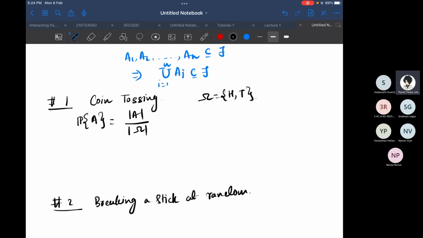For example, if my event A is getting a head, then P of A is what?